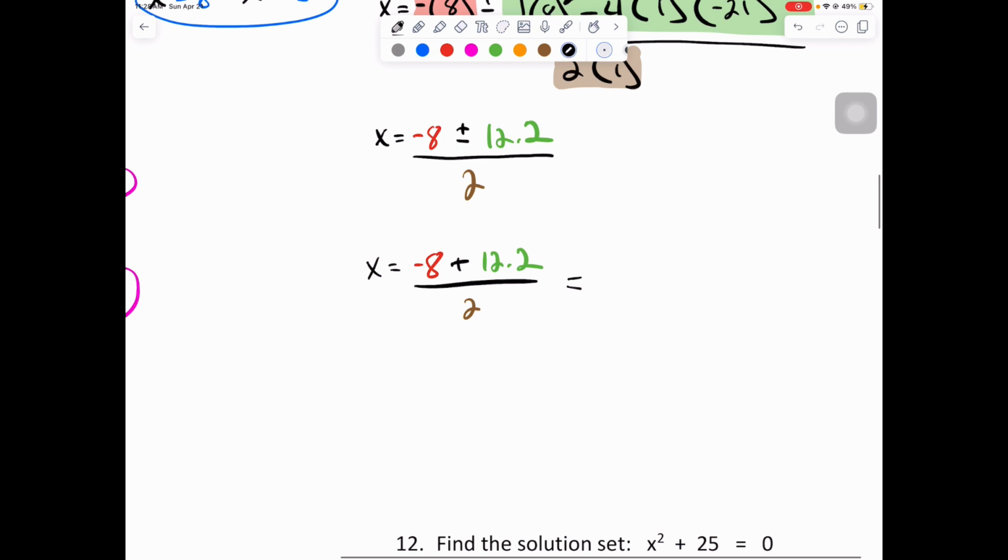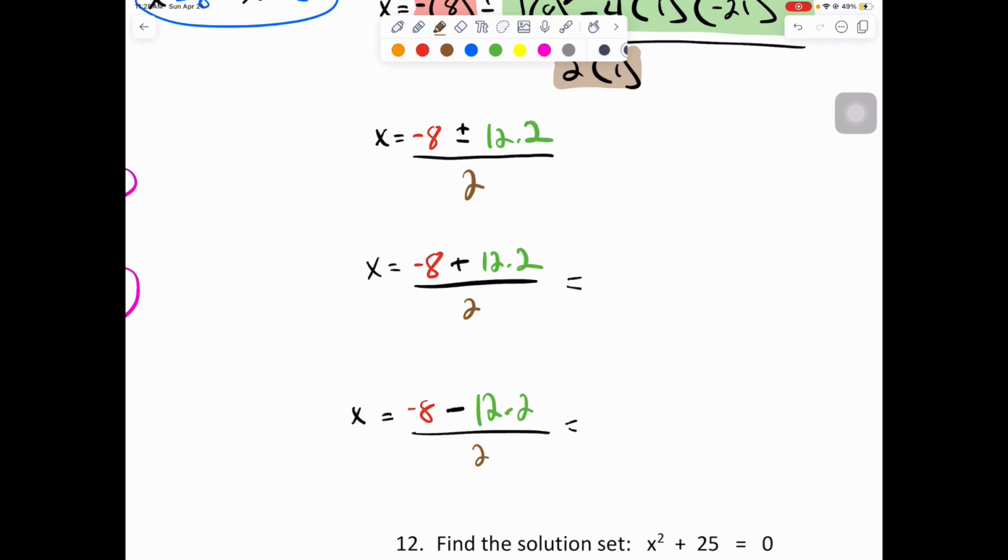And then again, we will do x equals negative 8 minus 12.2 over 2, and set that equal to.